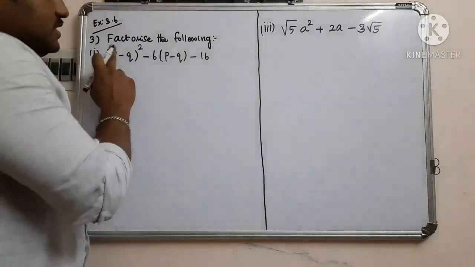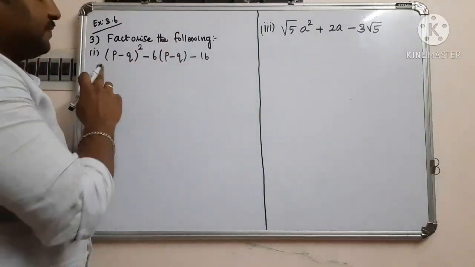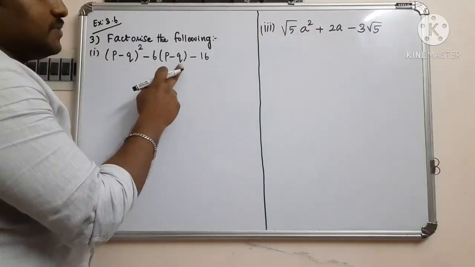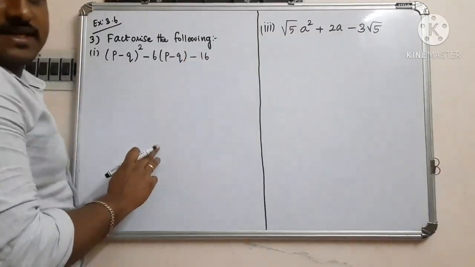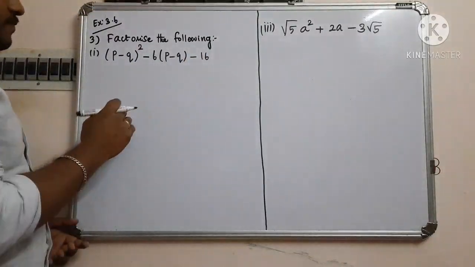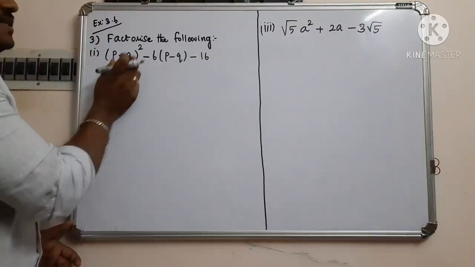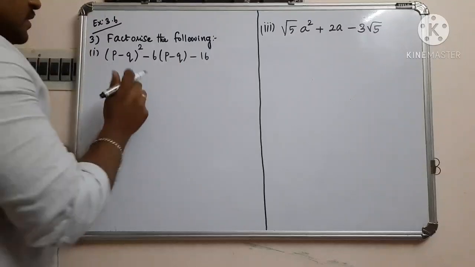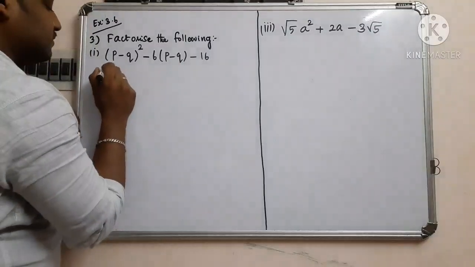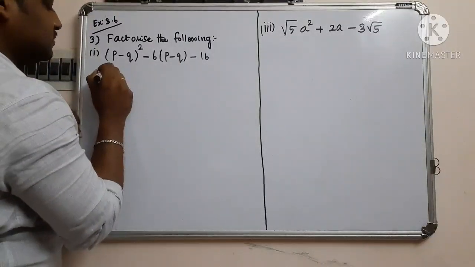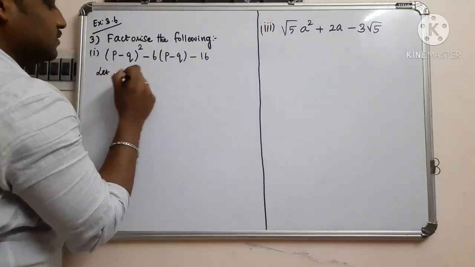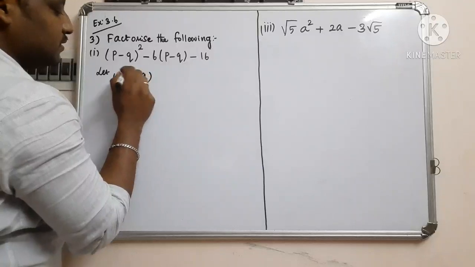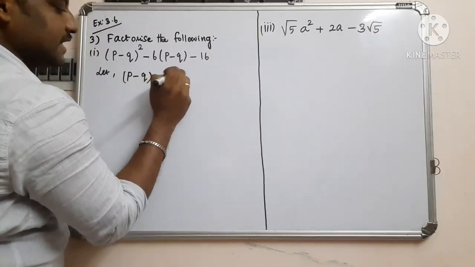Next, third question. Factorize the following. First one, p minus q square minus 6 into p minus q minus 16. Here the polynomial is given as p minus q square minus 6 into p minus q. First we have to let p minus q be taken as x.